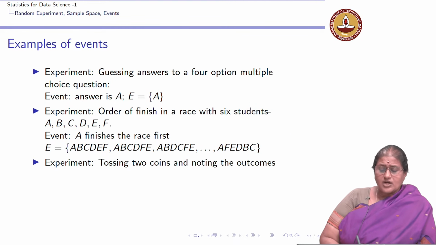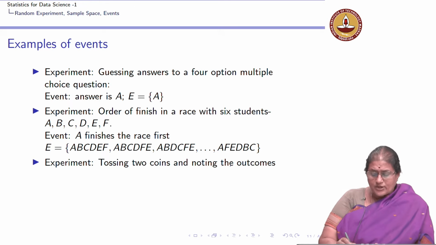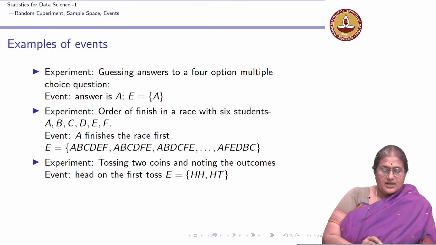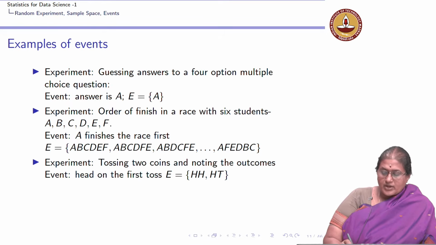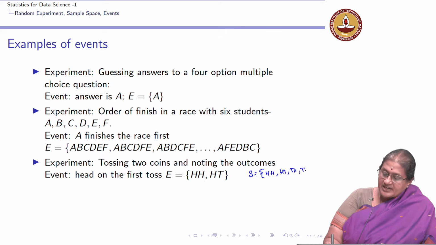Now, when I toss a coin twice and note the outcomes, I know that my sample space is HH, HT, TH and TT. The event that head appears in the first toss is again a subset of my sample space.